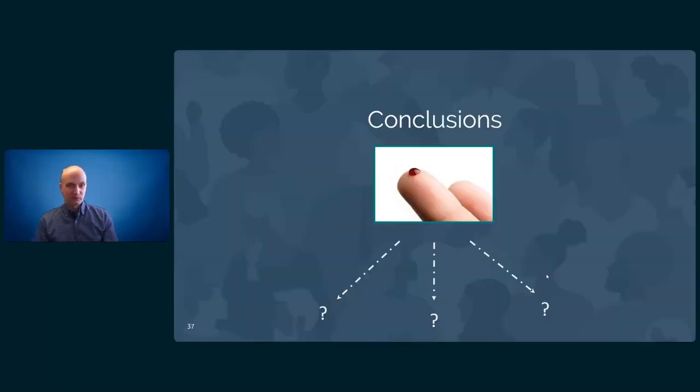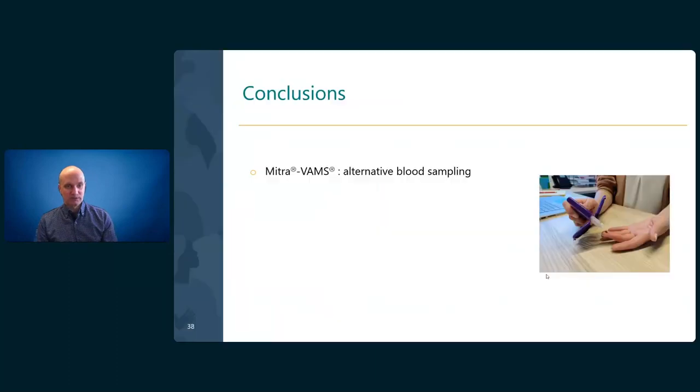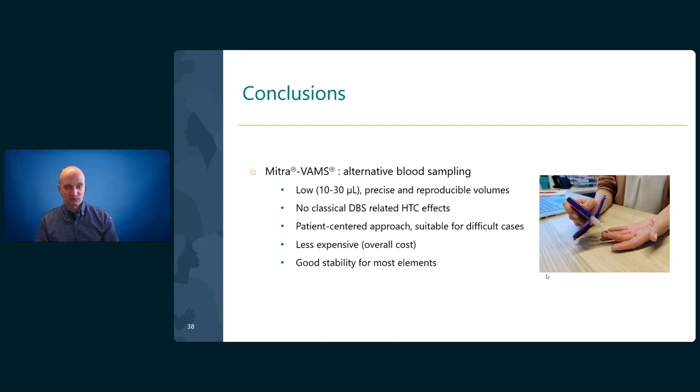Let me wrap up with a few conclusions. So I really hope that I demonstrated that VAMS could become an alternative for blood sampling for different reasons and with different advantages. It allows us to collect low volumes, precise and reproducible as well, which is not the case with dry blood spot paper, for example.